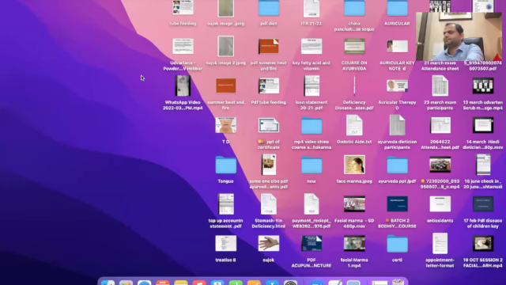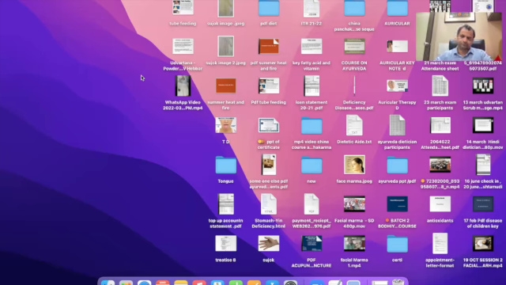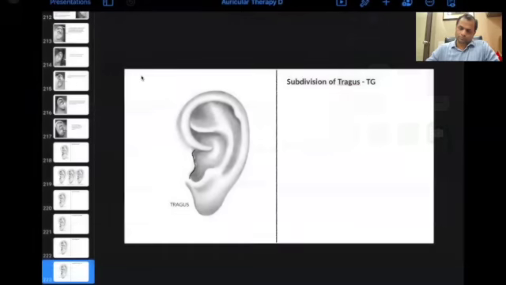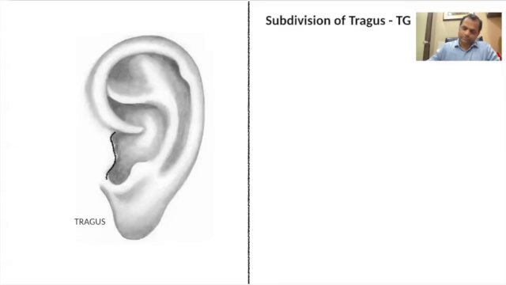So let's see this image now. These are the lungs. We have two lungs here, right?